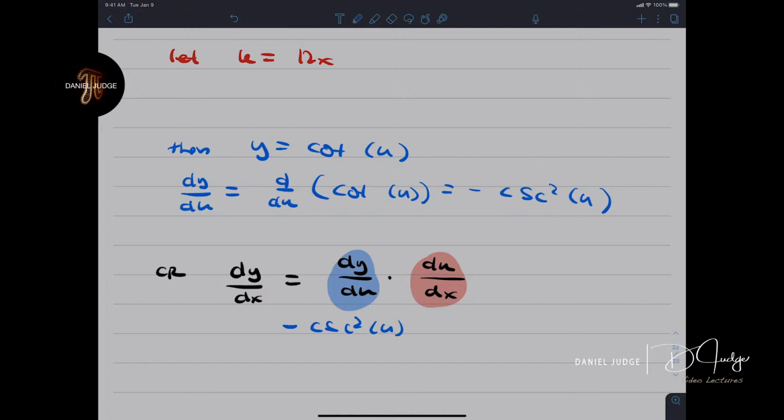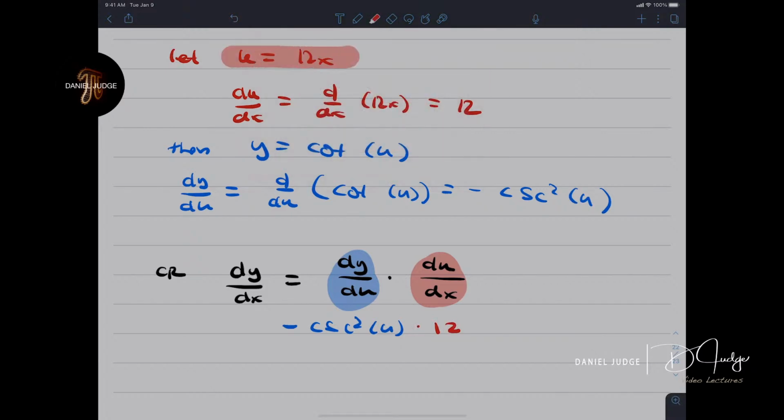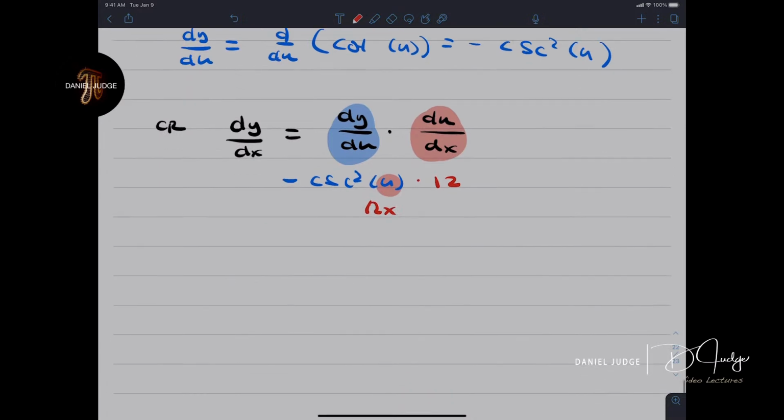Now, du dx is the derivative of 12x, which is 12. So this is times 12. And don't forget u right here is 12x. So I replace this u with the 12x.